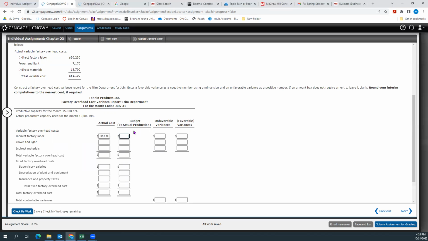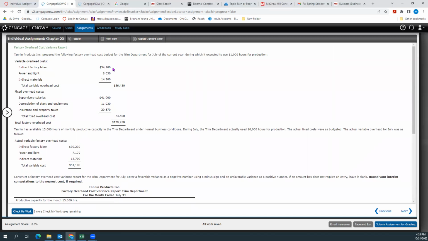So the way we're going to do that, we're going to look at these indirect costs, where we were planning these on 15,000.